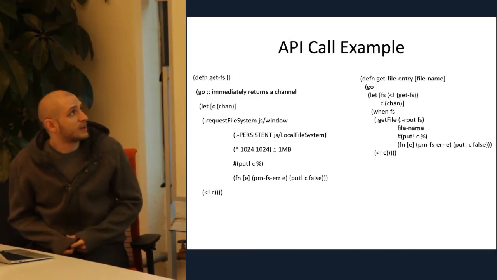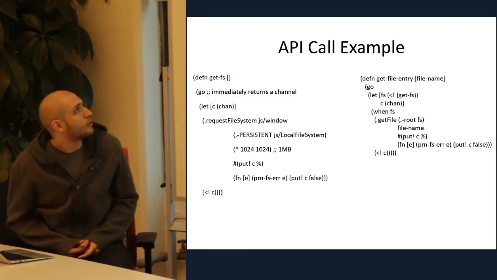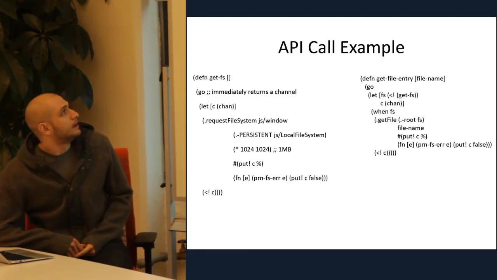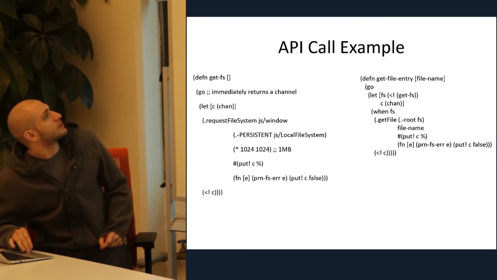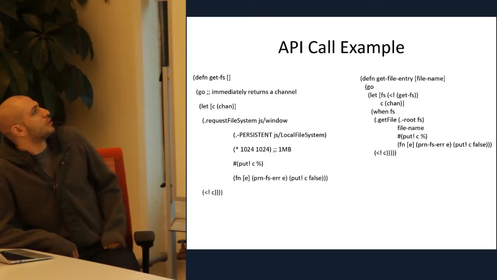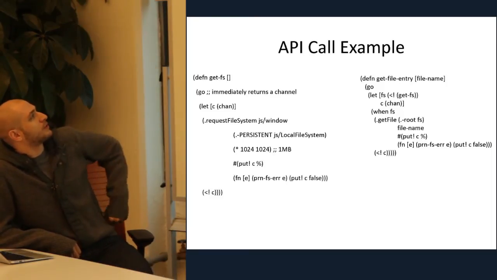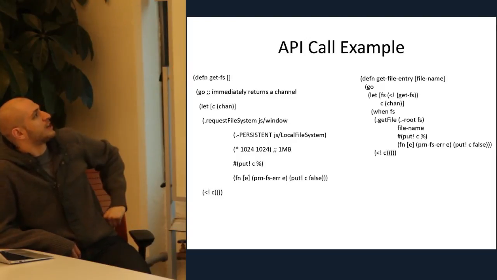So this is just an example of how I used core.async. I don't know if this is really the best way to do things, so I'm curious if I'm doing something funky here. For example, on the left side, the function getFS is just attempting to get the file system, and we're using the Cordova API requestFileSystem to ask for it.